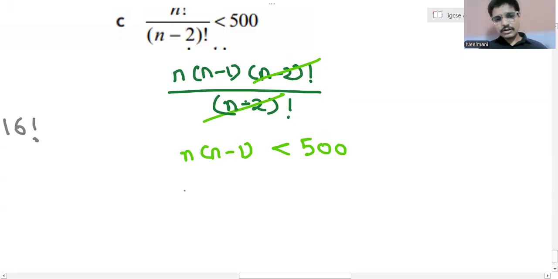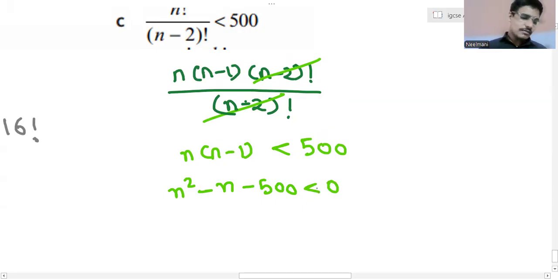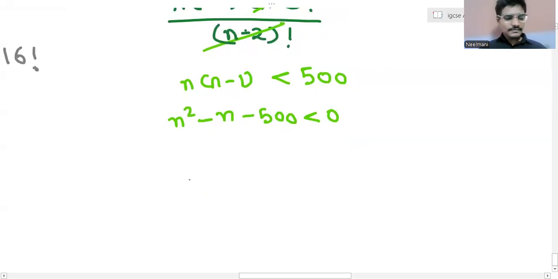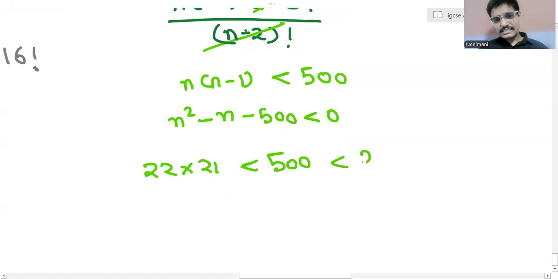Now, you can actually use the calculator and get the value of n here, right? Or you can use a quadratic equation like n squared minus n minus 500 should be less than 0. You can solve this quadratic equation to get a value. So there are two ways. Either way, you will get something like this: 22 into 21 is actually less than 500, which in turn is less than 23 into 22.